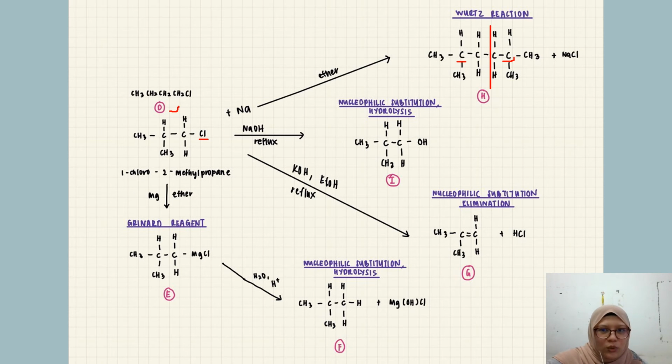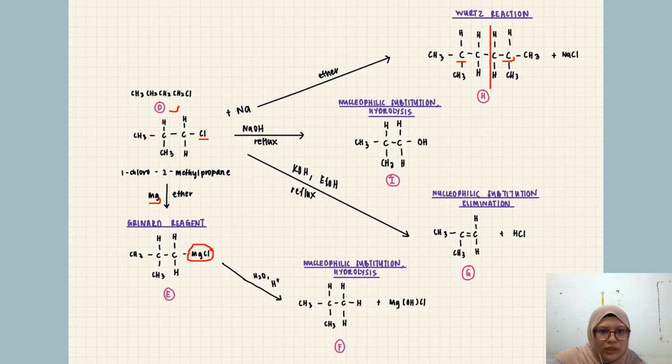Then we go on to the question that states that structure E is an alkyl magnesium chloride, the product when D reacts with magnesium in anhydrous ether. So basically, this structure is an alkyl magnesium chloride, which is this MgCl attached with the alkyl.